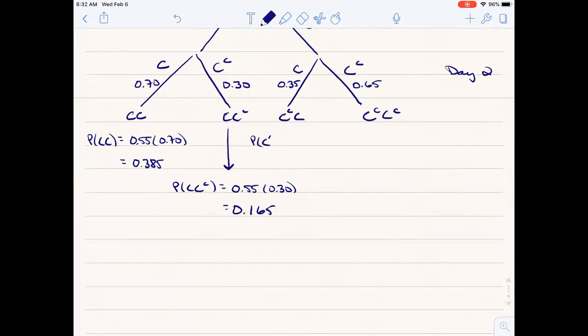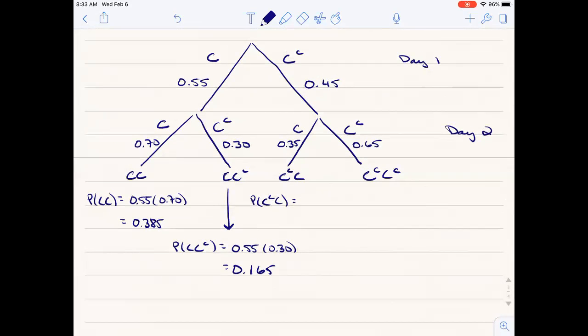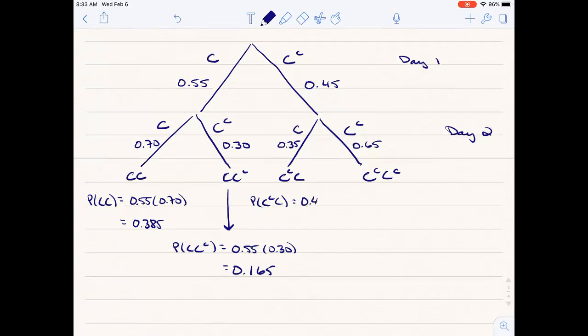The probability of not clear and then clear is going to be different this time, right? Because it changed depending on if it was clear the first day or not. So it's going to be 0.45 times 0.35, which is 0.1575.